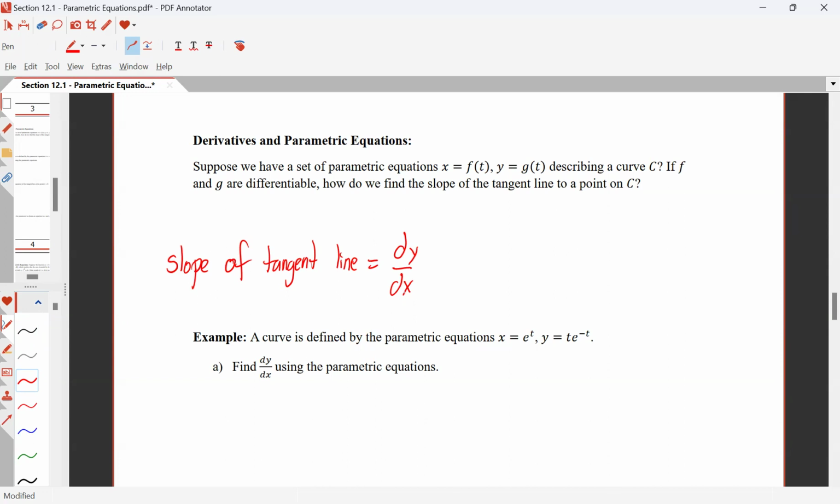But we don't have a single function to say, here is my function y in terms of x, let me take the derivative. But thinking about these differentials as fractions, dy we could also write as the derivative of y with respect to t. And dx is the derivative of x with respect to t.